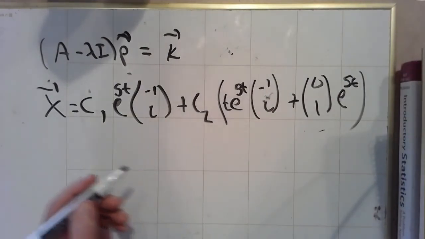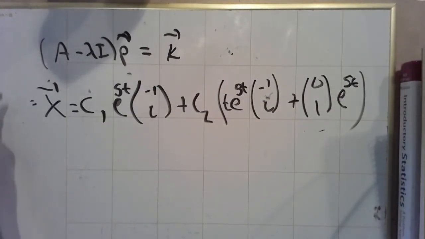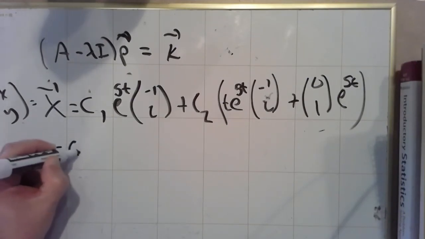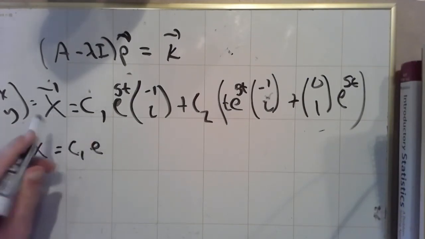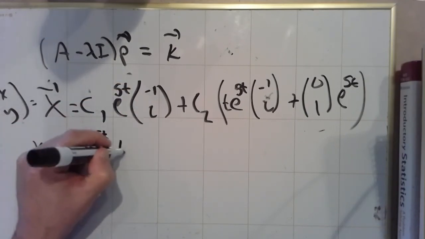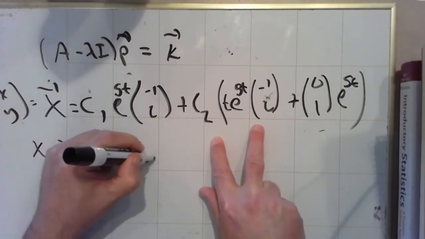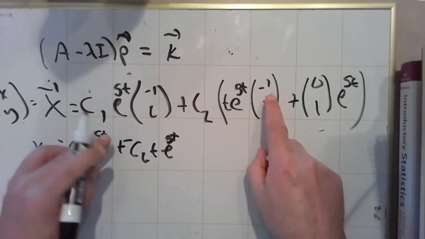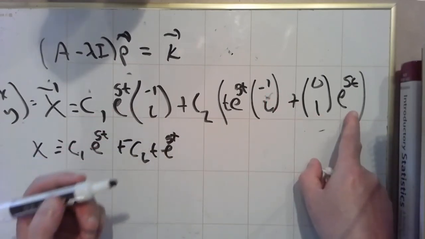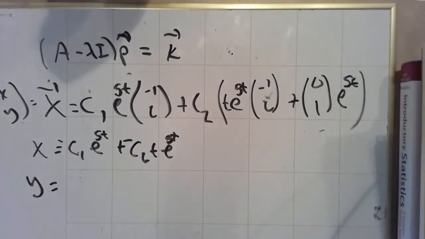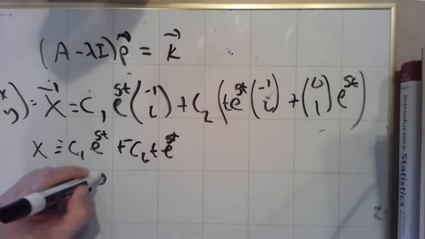Okay, so if we wanted to write out, remember this is the vector x, y. If we wanted to find x, we'd have to go all the way across the top. So x is negative C1 e to the 5t plus C2 t e to the 5t, that also has a negative on it, plus 0 of those, and y would be 2 C1 e to the 5t.